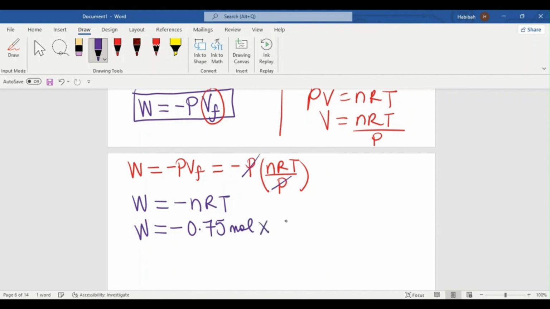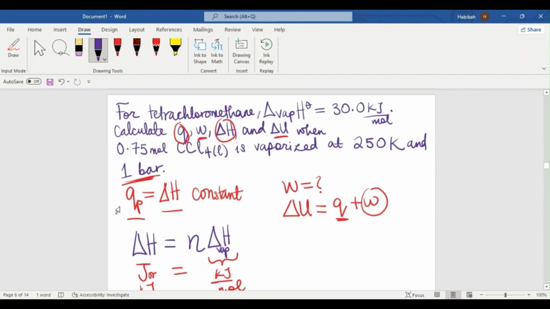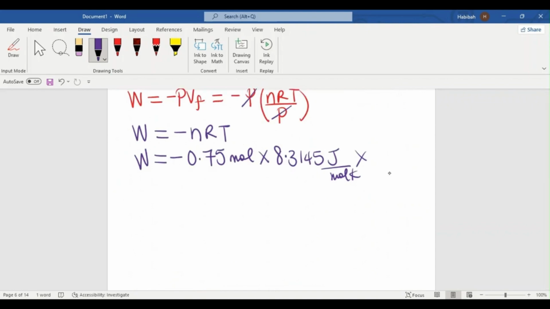We've been told the number of moles, so next we move on to the gas constant. That will be 8.3145 joules per mole Kelvin, and we've been told the temperature. If we go back to the question, we see temperature is 250 Kelvin. So of course, we do the math, cancel out the units first, cancel out the Kelvin and the number of moles, and we just multiply.